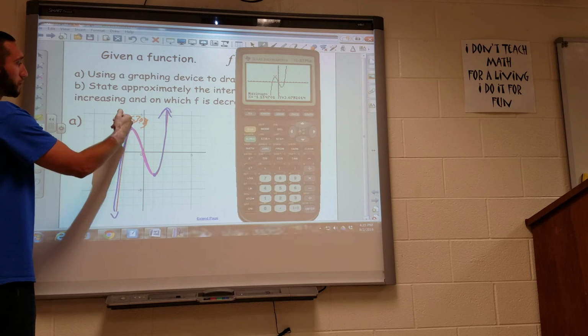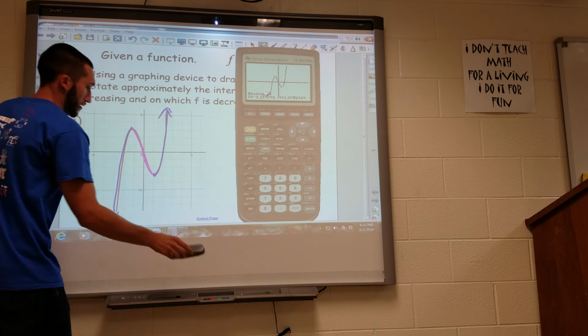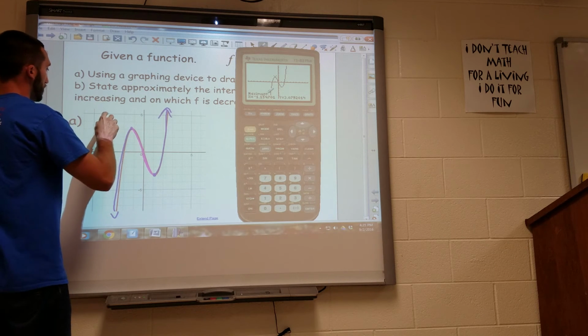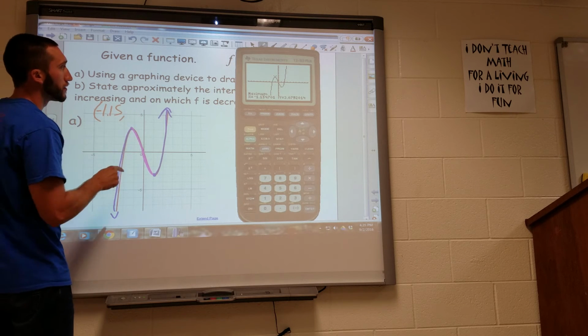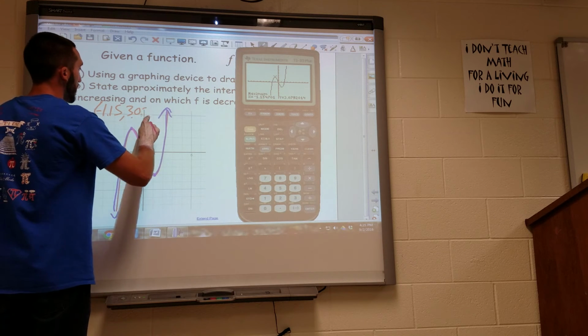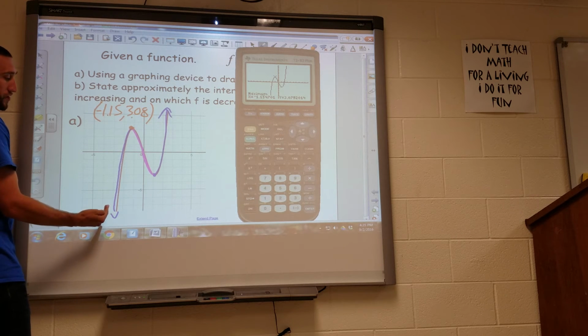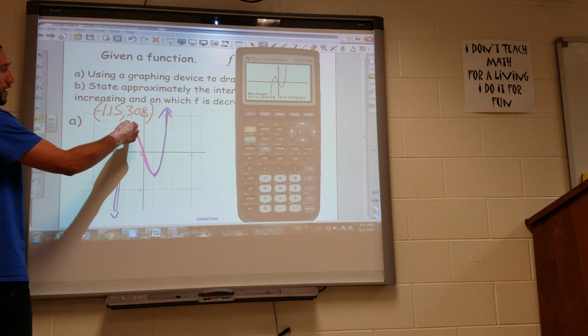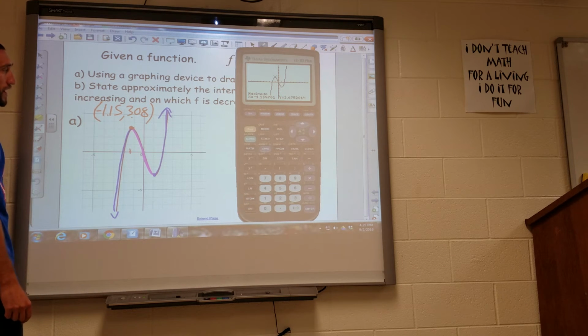Okay, so -1.15, and let me write that a little bit bigger so we can see it easier. -1.15, comma 3.08. That is this point right there. So it's increasing from way down here until I get to the point -1.15.